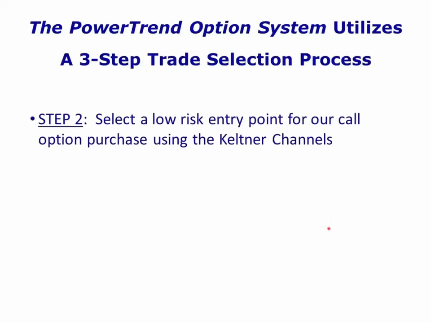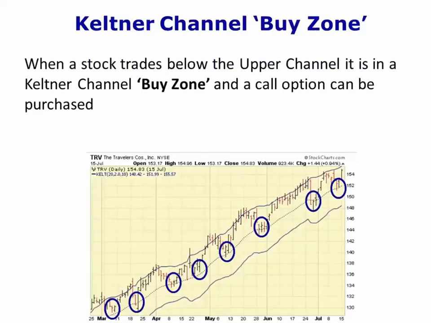So step 2 in our option selection process is to select a low-risk entry point for the call option purchase using the Keltner channels. And as we just saw, when a stock is trading near the upper channel, it's getting overbought and will normally retrace.